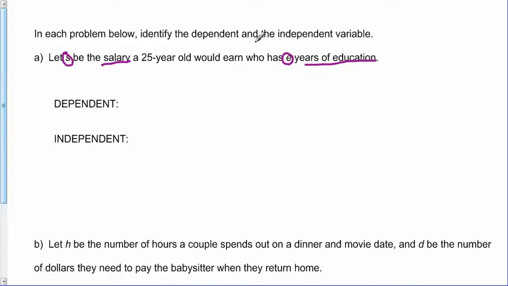Well, we know kind of how this works in the real world, that you go, you get some education, and then your salary is going to increase the more education you have. So what's true is that the salary depends on how much education you have, how many years of education. So since the salary, and we can actually write this out, salary depends on education.